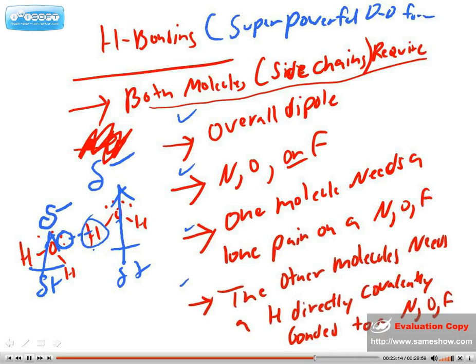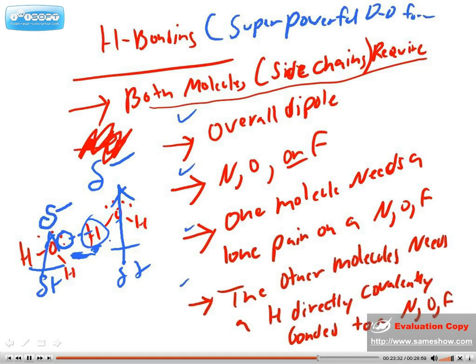This allows the hydrogen to get extremely close, almost to the point of being ripped off from its original covalently bonded molecule. And it allows for this extreme opposite charge attraction.